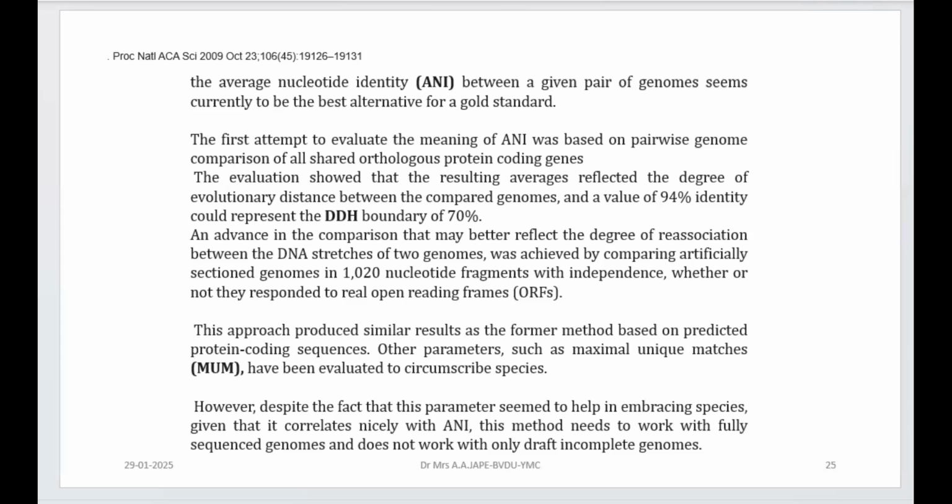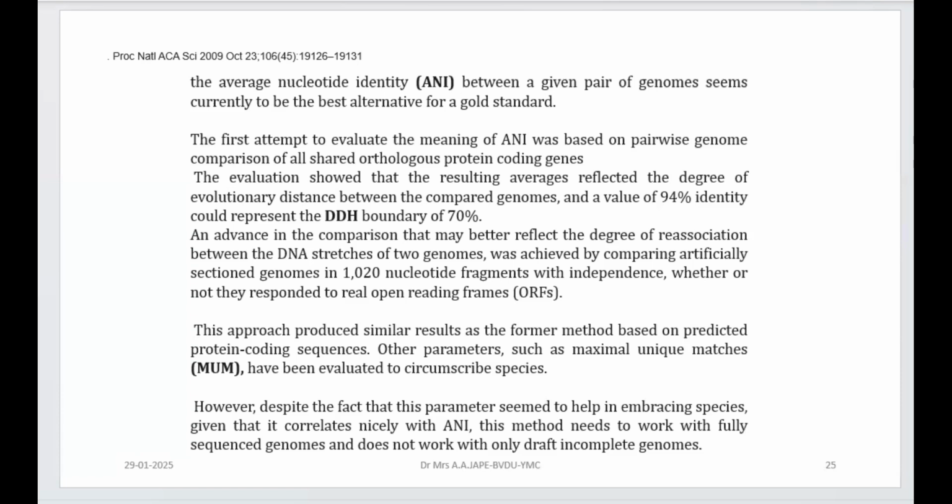Is it really comparable to DDH? Yes, evaluation has shown that the resulting averages reflected the degree of evolutionary distance between the compared genomes, and a value of 94% identity could represent the DDH boundary of 70%. With the help of DNA hybridization studies, you put organisms into different taxonomic units based on percent similarity, less than 70% or more than 70%.